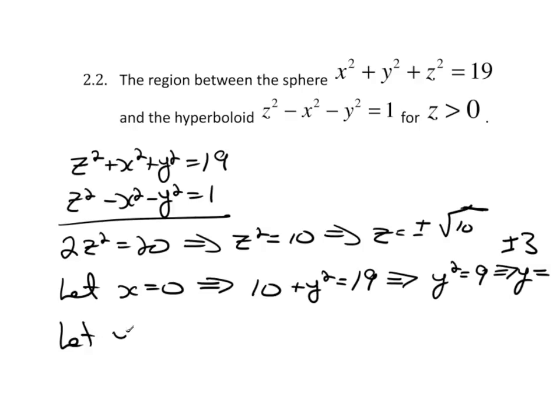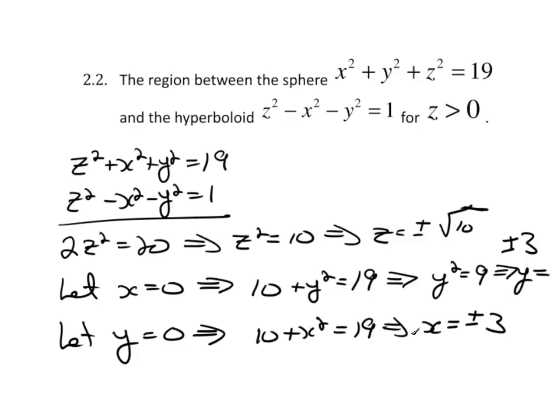If I let y equal 0, that's going to give me 10 plus x squared equals 19, which means x is also going to be plus and minus 3. Now, I specifically used the first equation to solve these, but it didn't really matter. If you do the exact same with the second equation, you get the same solution.